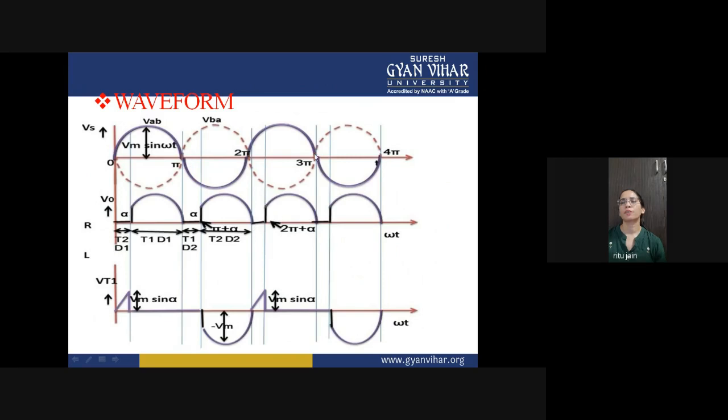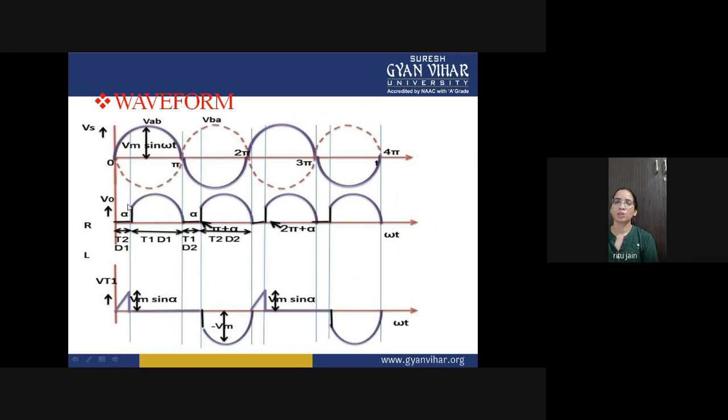Again for the positive half cycle, you are getting your output voltage. You can see from this waveform that for both positive and negative cycles you are getting only the positive half cycle, where T1 and D1 conduct from 0 to pi, and from pi to 2 pi, T2 and D2 will be conducting.